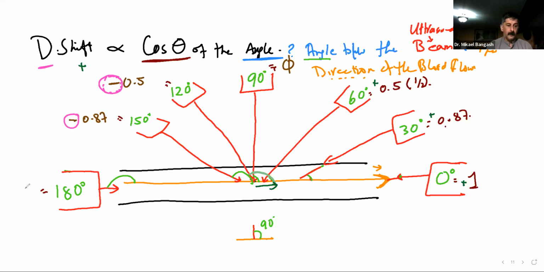Well, the cosine theta value of 180 is still going to be 1, but minus 1. Did you ladies get that?